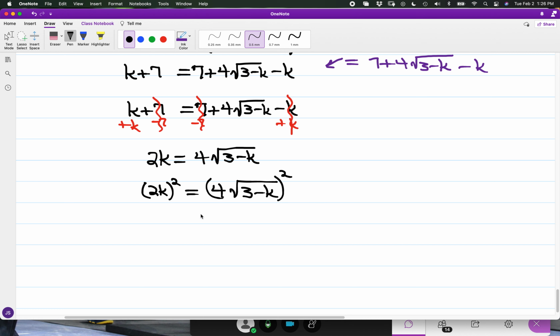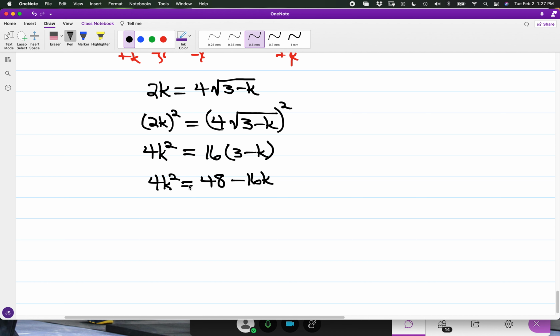So 2k quantity squared will be 4k squared. And we have 4 squared is going to be 16. The square root of 3 minus k squared will be 3 minus k. So you got 4k squared equals 16 times 3, which is 48, and 16 over negative k, this will be a minus 16k.